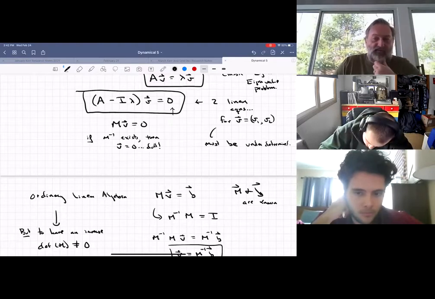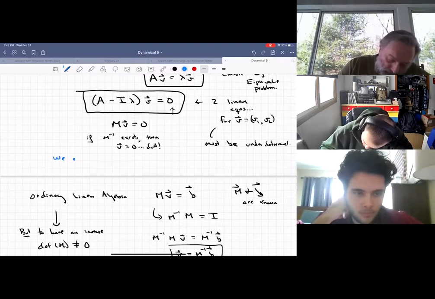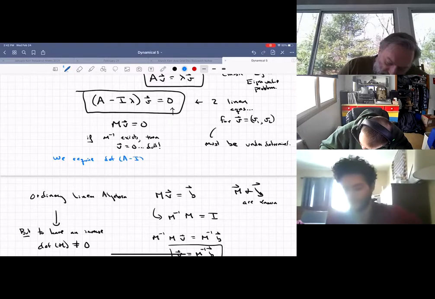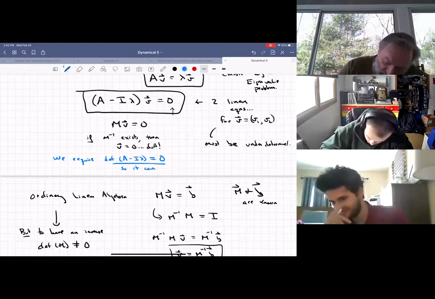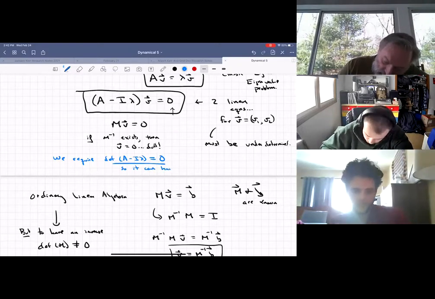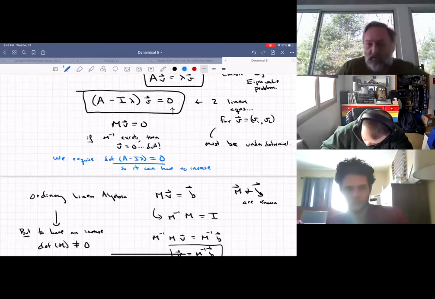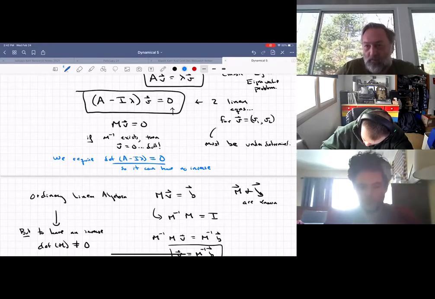So in an eigenvector eigenvalue problem, we require that the determinant of A minus I lambda is equal to 0. So it can have no inverse, because if it has an inverse, then the eigenvector is trivially 0.